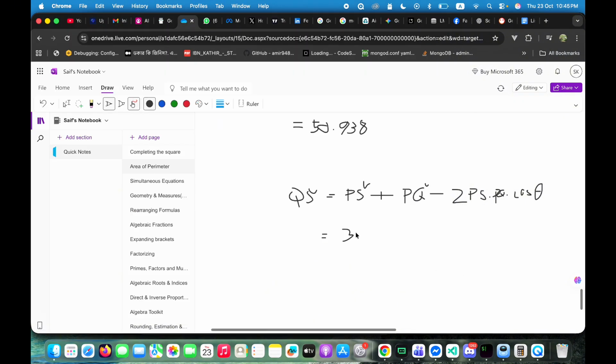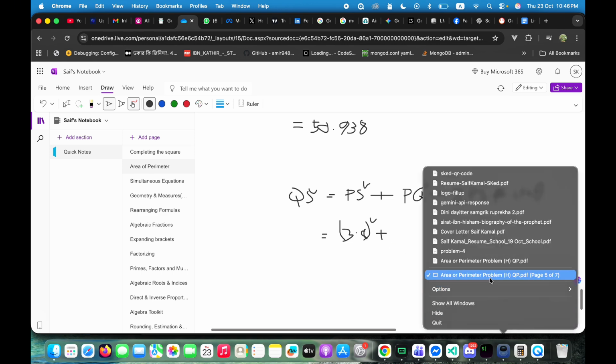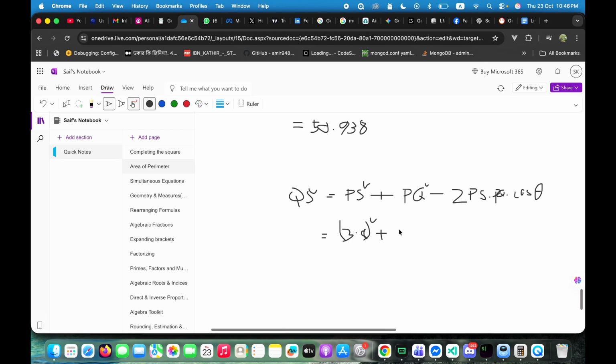So 3.8 square plus 6.1 square minus 2 multiplied by 3.8 multiplied by 6.1 into cos of the angle theta we have already figured out.